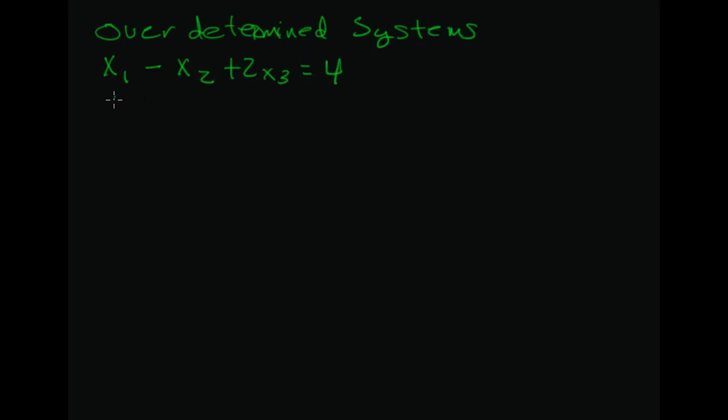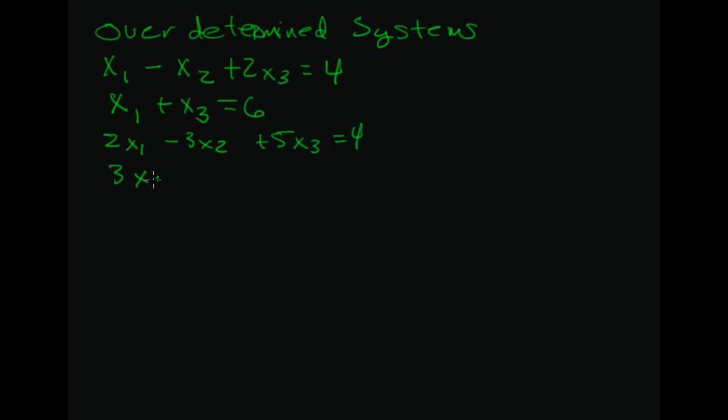All right, so let's go in the other direction. Here we're going to talk about overdetermined systems. An overdetermined system would be something like this: x1 minus x2 plus 2x3 is equal to 4. x1 plus x3 is equal to 6. 2x1 minus 3x2 plus 5x3 is equal to 4.